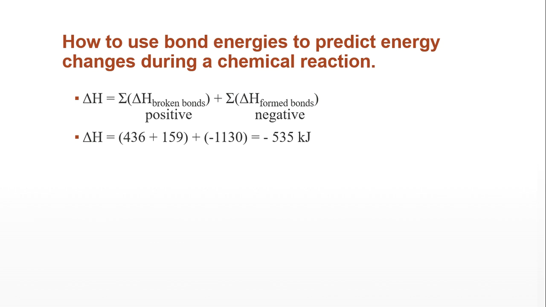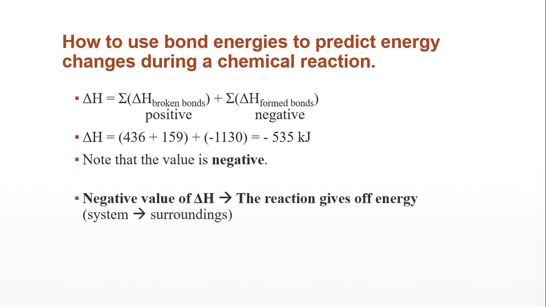And then we get a delta H of minus 535 kilojoules. Note that the value we get from this is negative. That means that the reaction gives off energy, because a negative sign in thermochemistry indicates that the energy flows from the system to the surroundings.